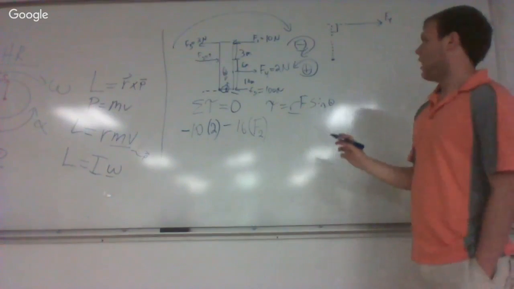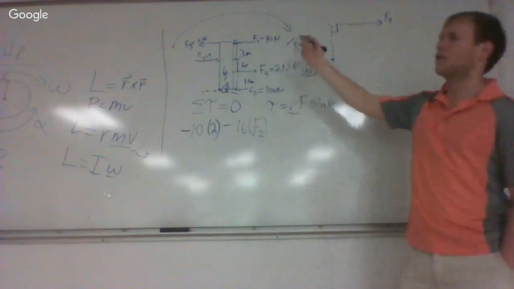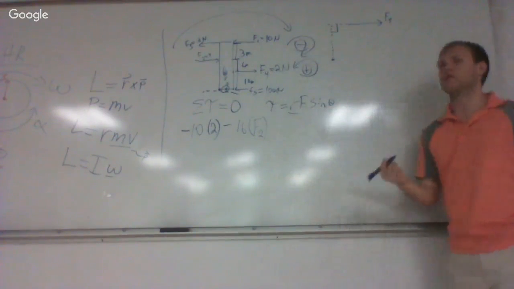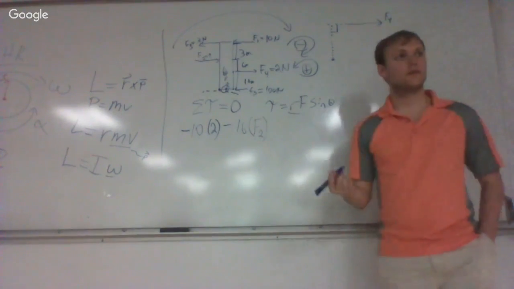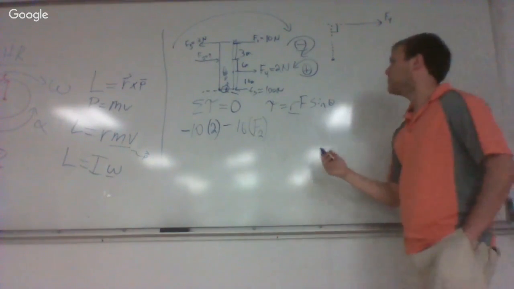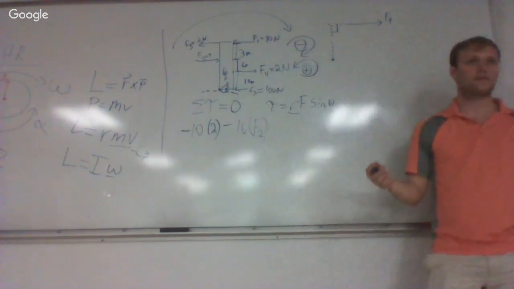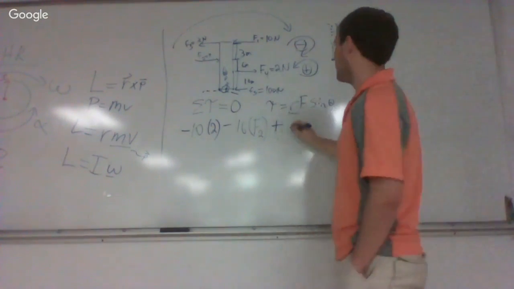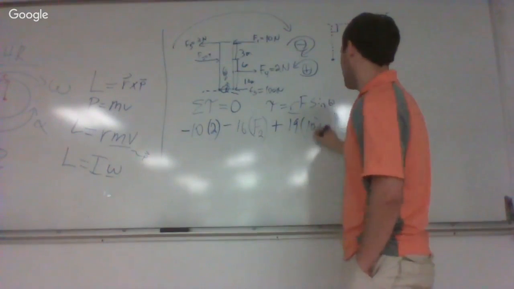All right, so that's force 2. Now let's look at force 1 and force 3. Let's start with force 1. How far away is force 1 from the pivot? Yep, 19. So positive or negative? The direction I have force 1 drawn is positive, counterclockwise. So 19 times force 1, which is 10 newtons.